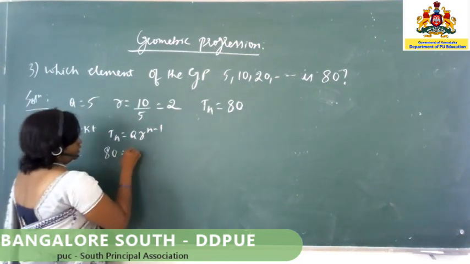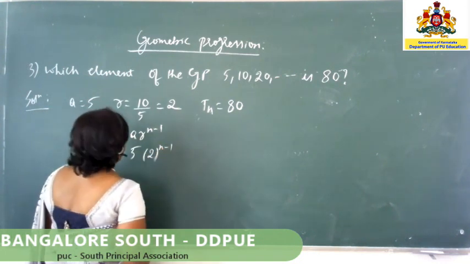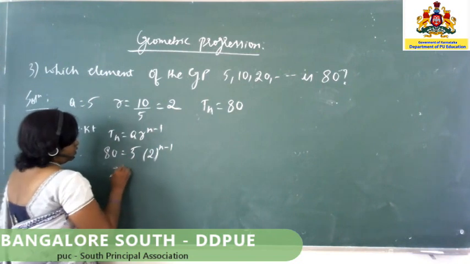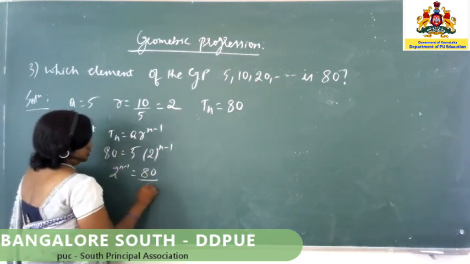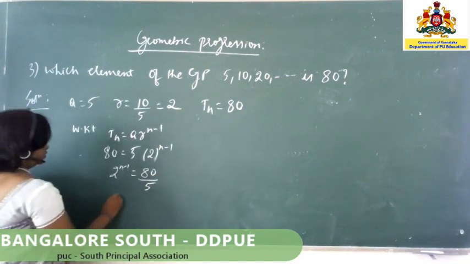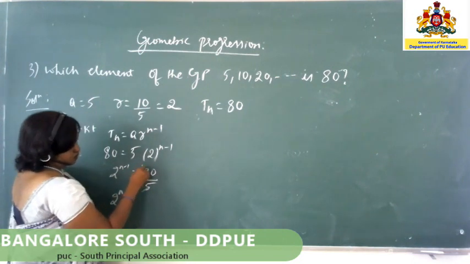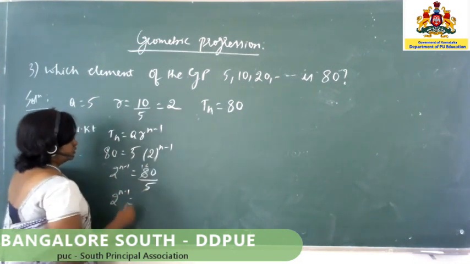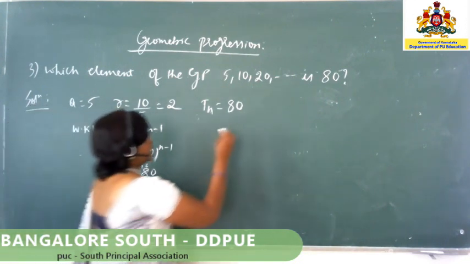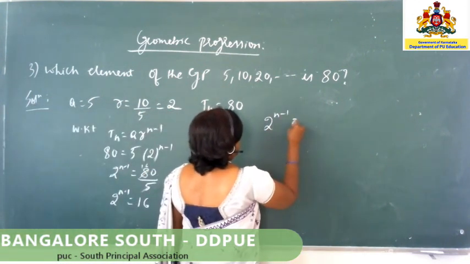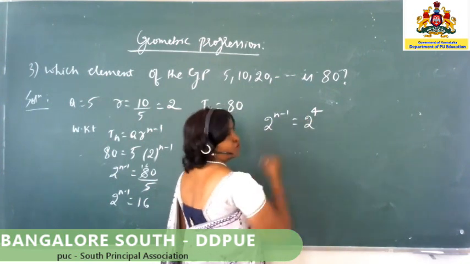A is equal to 5, R is 2 to the power of n minus 1. So 2 to the power of n minus 1 is equal to 80 divided by 5. So 2 to the power of n minus 1 is equal to 16. 2 to the power of n minus 1 is equal to 2 to the power of 4. 16 is 2 to the power of 4.